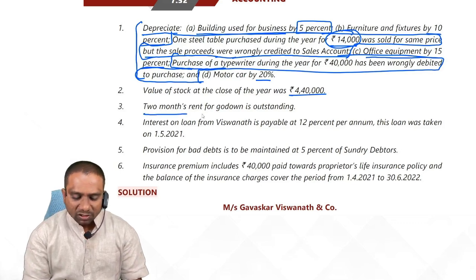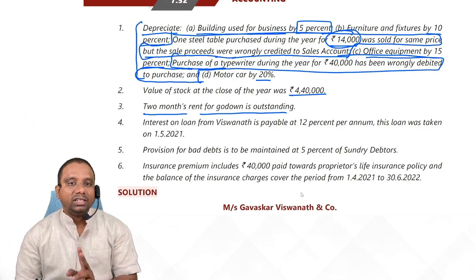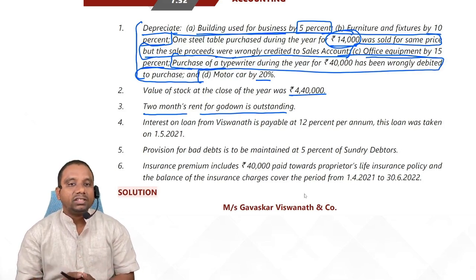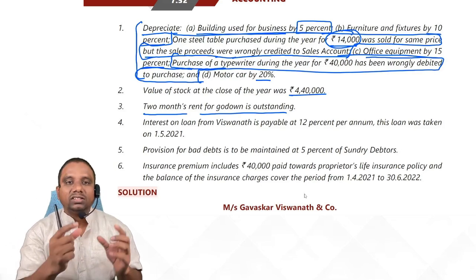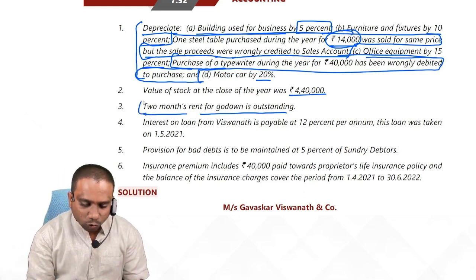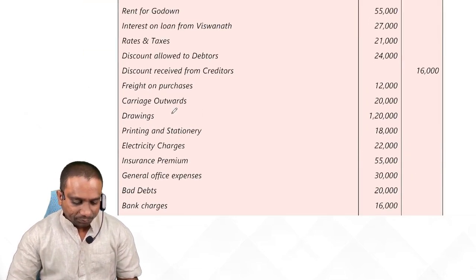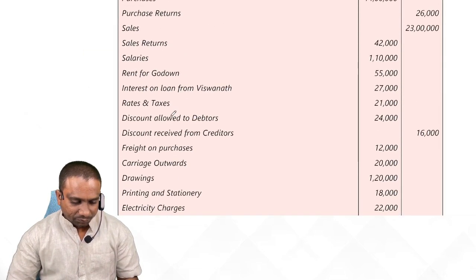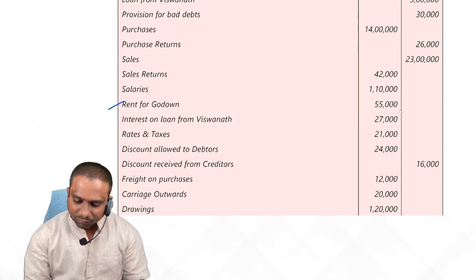Next, 2 months rent for godown is outstanding. Here they are simply saying 2 months rent. Yes, but how much is 2 months rent? So for that you have to check the rent in the trial balance. Rent of godown 55,000.